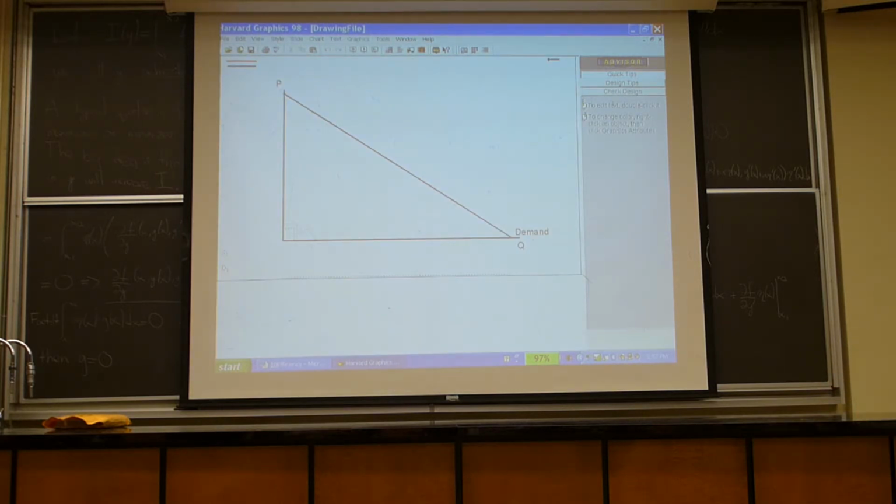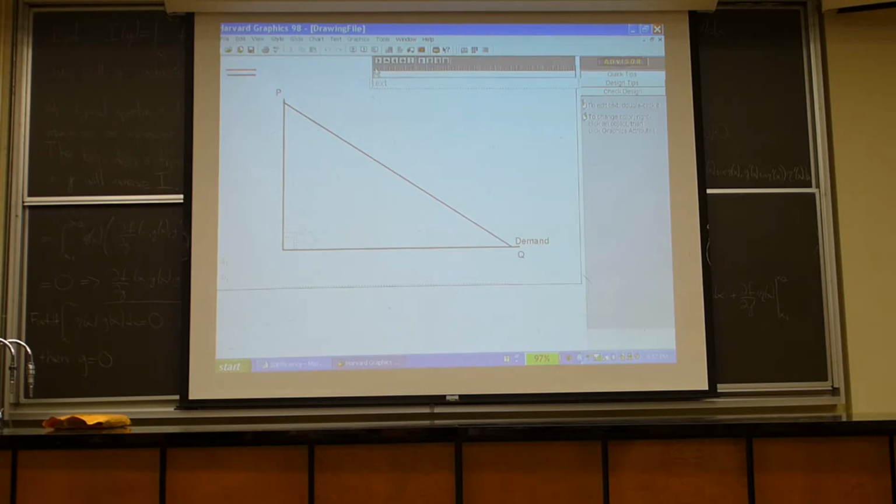Okay, here's another one. I'll do it quickly. This is the 401 versus the 407. Marginal cost is constant, but greater than 0. For the moment, just watch me do this.